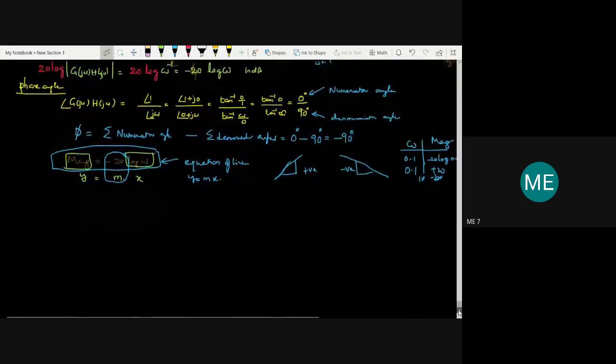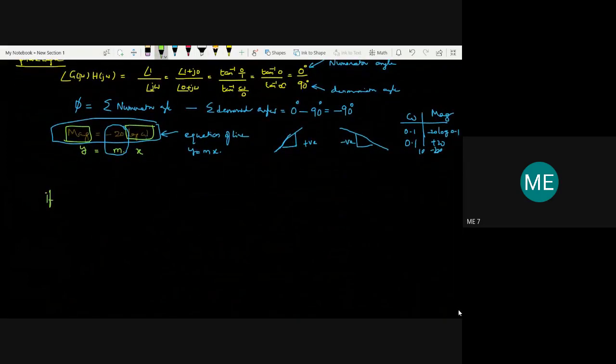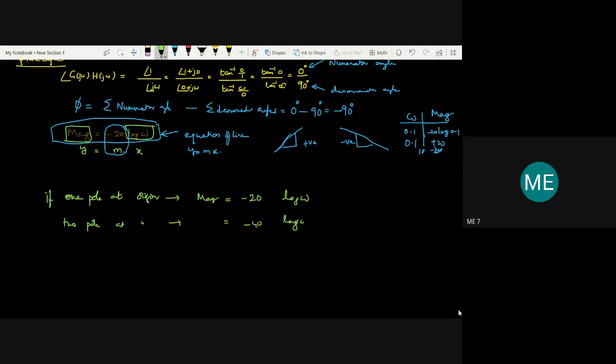If one pole at origin, the magnitude is minus 20 log omega. If two poles at origin, the magnitude is minus 40 log omega. If three poles, we get minus 60 log omega.